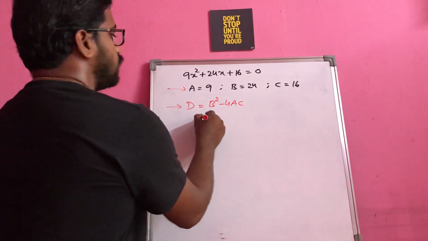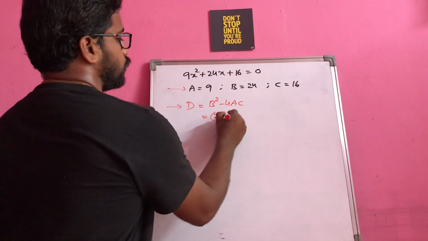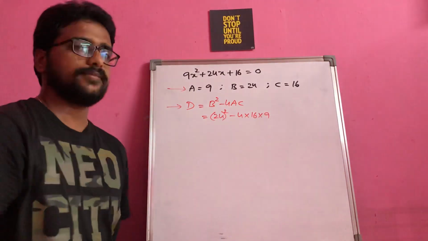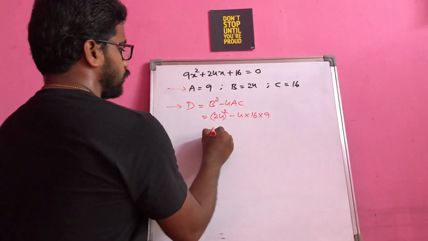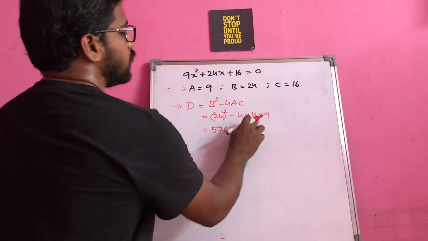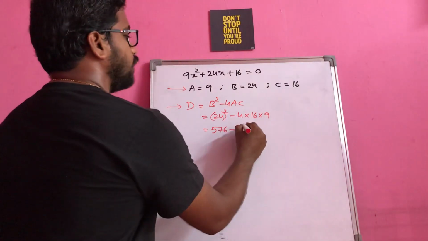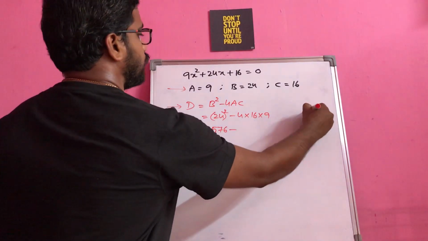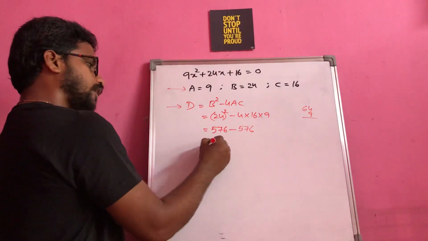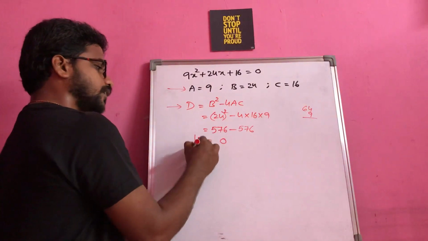So this is 24 square minus 4 into 16 into 9. So 24 square is 576 minus 4 into 16, 64, into 9. 64 into 9 is again 576. So you are getting D value equal to 0.